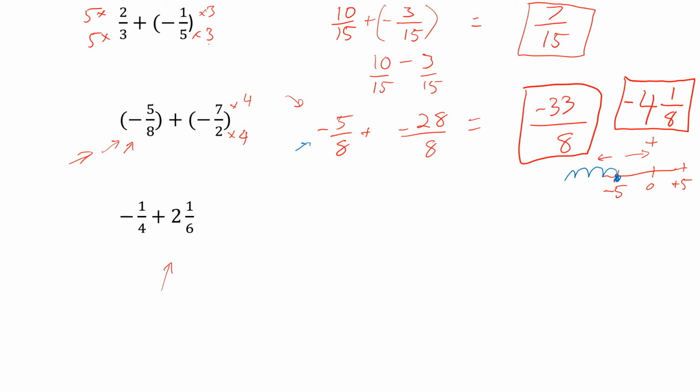Okay, here's another one that we have right here. We have negative 1/4, 1 over 4, plus 2 1/6.